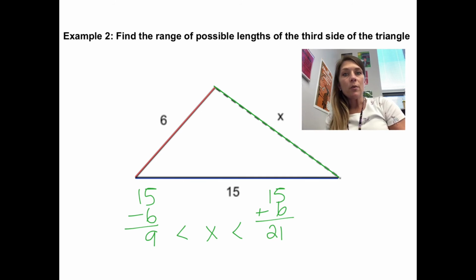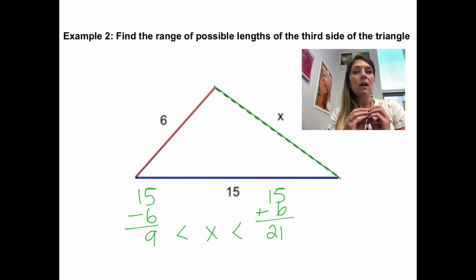So whether or not you understand how this is all relating together and why the math is working the way that it is, the math itself is actually very easy. When you have 2 out of the 3 sides, you subtract them to find the minimum value and you add them to find the maximum value. But even that minimum and maximum I'm using loosely. They will not equal, okay? It's like a limit. It cannot go lower than 9, can't actually equal 9.